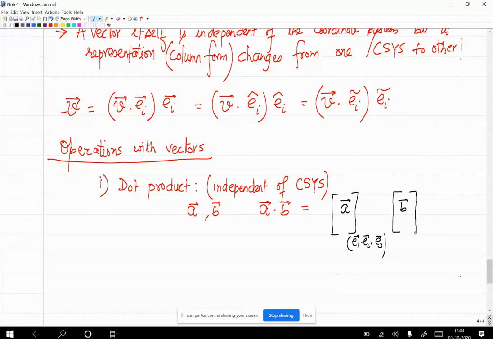See, both of them have to be represented in the same coordinate system. It should not be that one of them you are representing in E1, E2, E3, and the other one in E1 tilde, E2 tilde, E3 tilde. Then transpose the first one and then multiply. Okay, so after transposing, this becomes 3 cross 1, so this becomes 1 cross 3 after transposing.